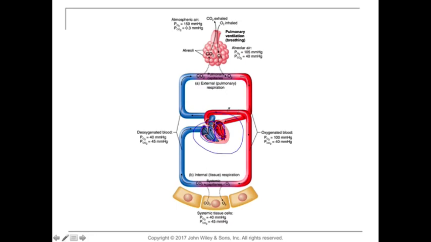The left-hand side is pumping oxygen to the entire body, whereas the other side is carrying deoxygenated blood. And we can see in the alveoli where we have that exchange of oxygen and carbon dioxide.